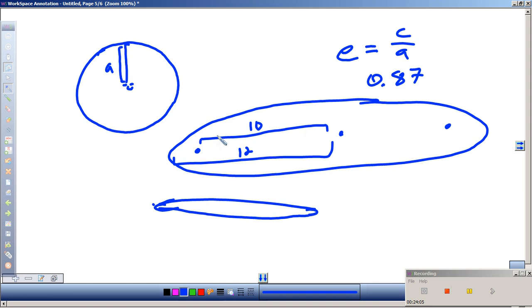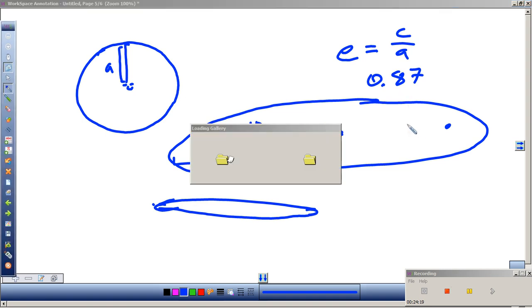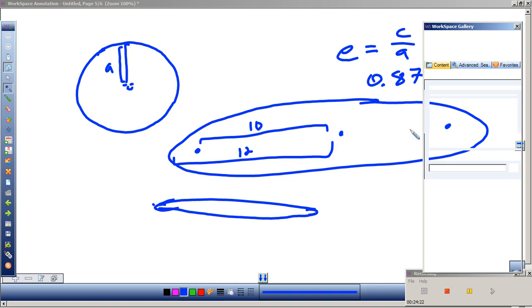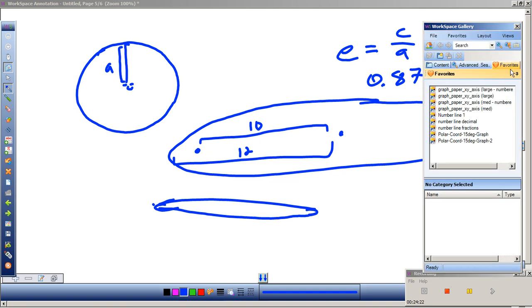So it's basically take C, distance to your focus, divided by distance to your vertex. It's always going to be a decimal. For a circle, you don't really talk about eccentricity because it's not eccentric at all.